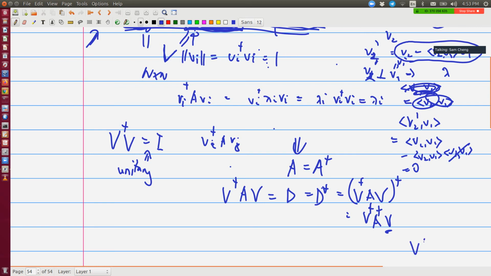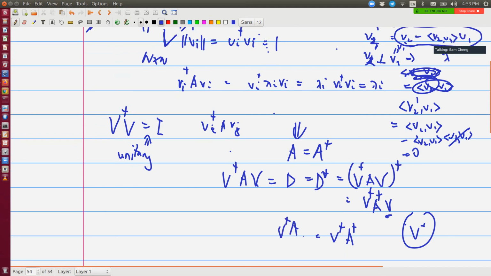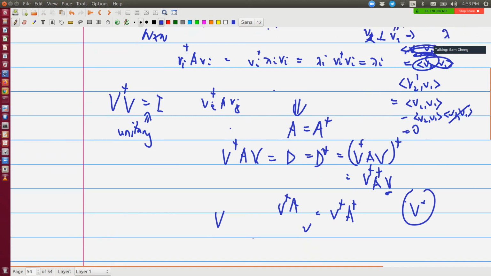So then I have this. I can multiply V on both sides here, right? And because it's unitary, if I multiply V on the right hand side, I get a cancellation. I have A Hermitian V Hermitian equal to V Hermitian A. Similarly, I can multiply V on the right hand side, then I will have A equal to A Hermitian.